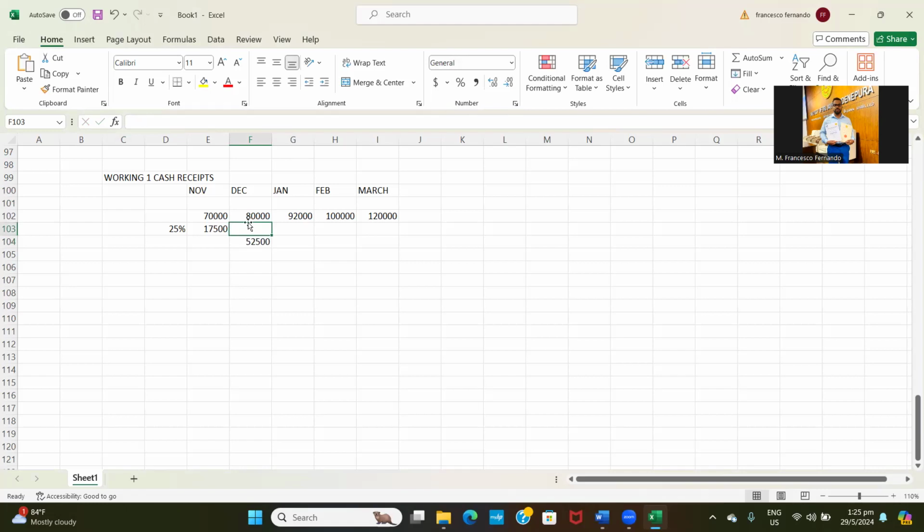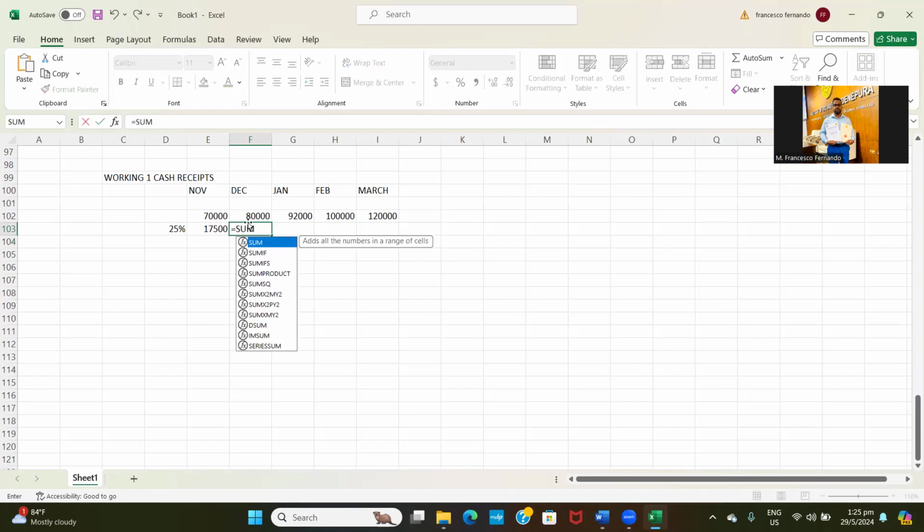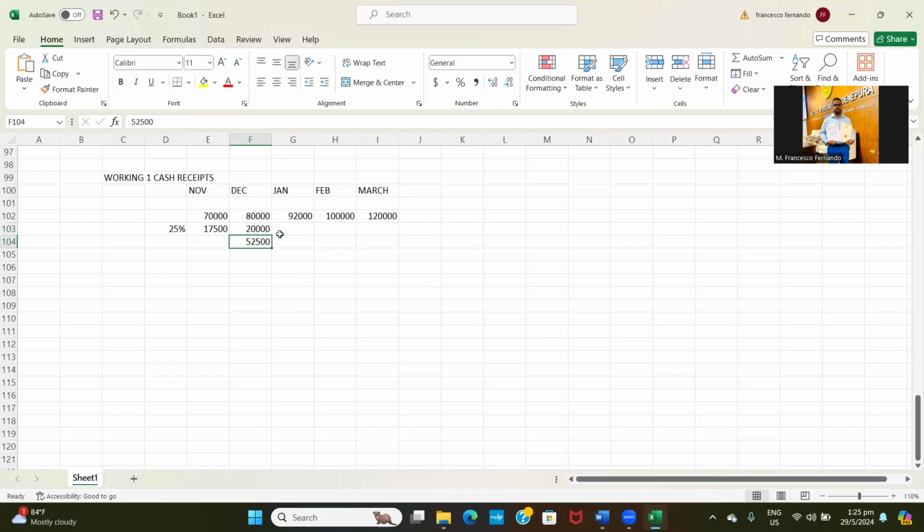In December, from this 80,000, you are receiving only 25%, which is 20,000. It means the balance is 60,000. How did 60,000 come? 80,000 minus 20,000. You are going to receive it in the following month. Same thing here.